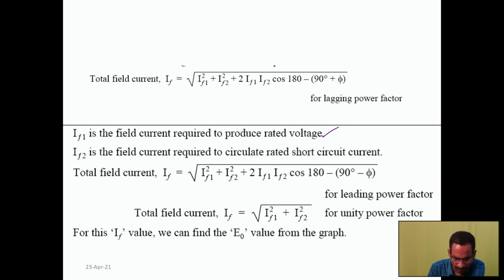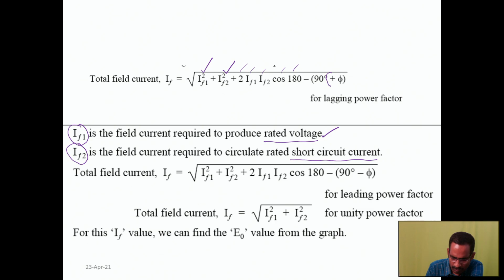The first one, the IF1, is the field current required to produce the rated voltage. Second, IF2, it is the field current required to circulate the rated short circuit current. So by using these two values, we will find the total field current requirement. IF1 square plus IF2 square plus 2 IF1 IF2 cos of (90 plus phi).